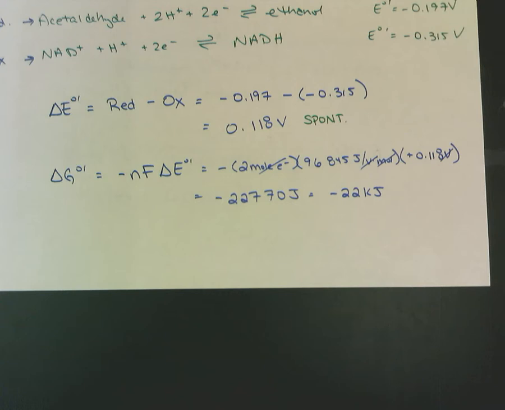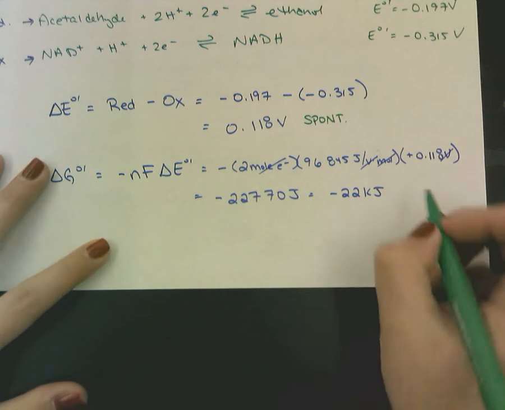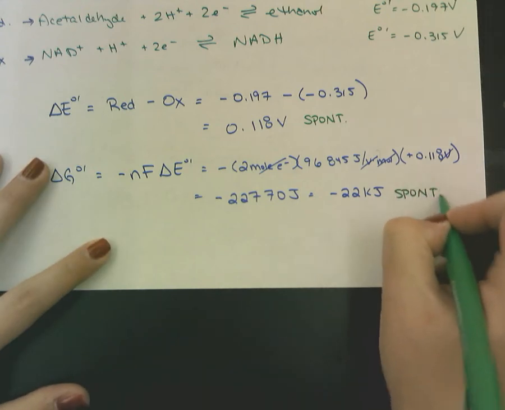If you get a negative delta G, is that spontaneous or non-spontaneous? Good, which matches up with what we said one line earlier.